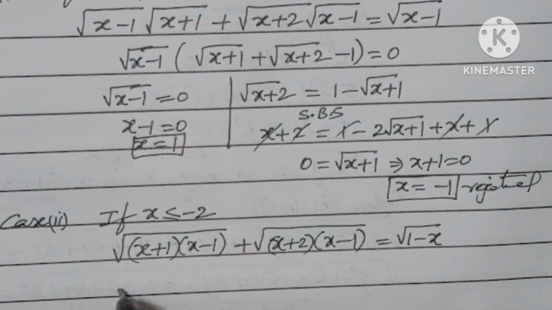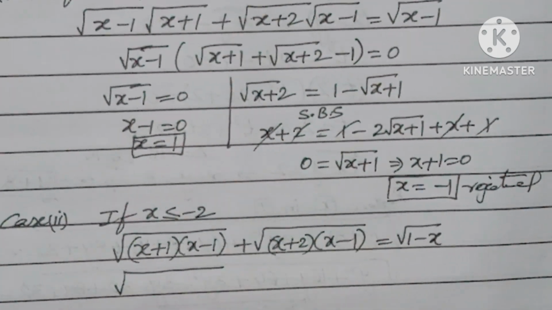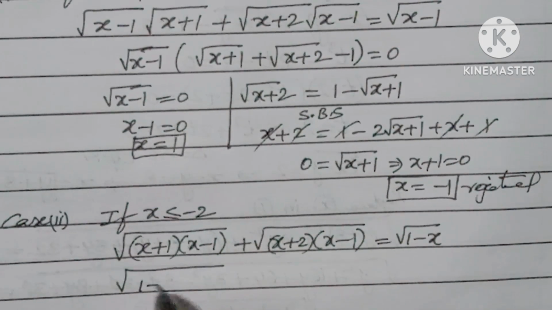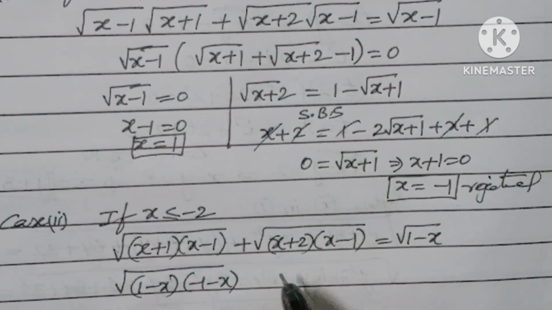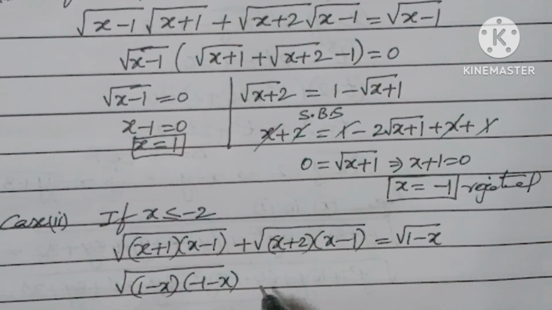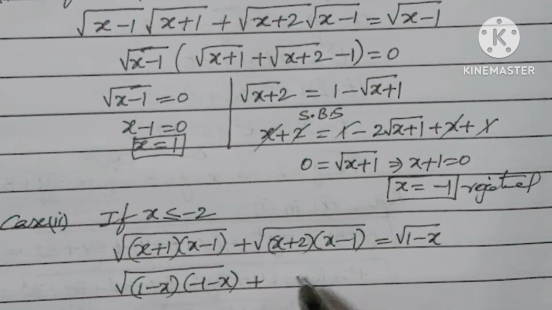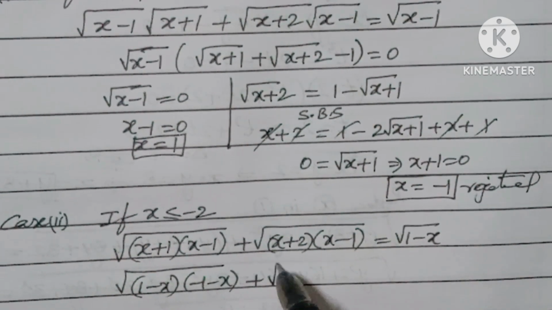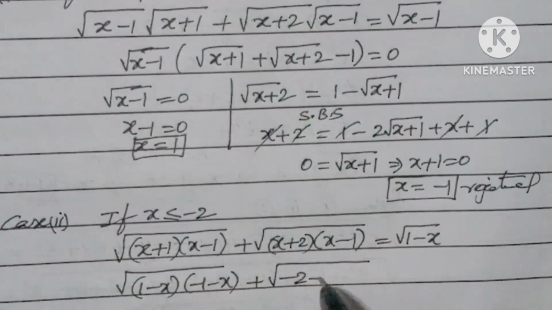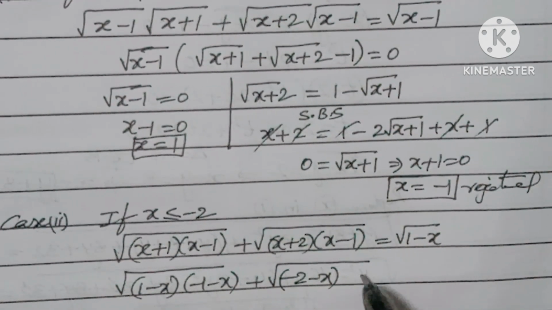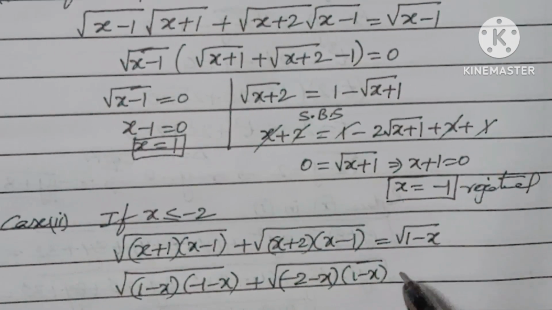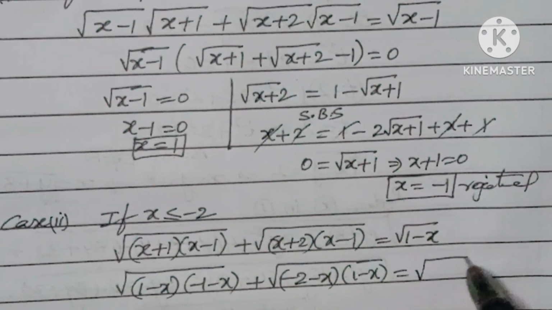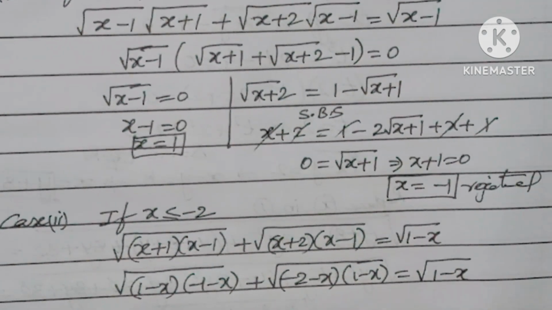So here if you substitute the value, square root of 1 minus x into minus 1 minus x plus square root of minus 2 minus x into 1 minus x, taking minus common, is equal to square root of 1 minus x.